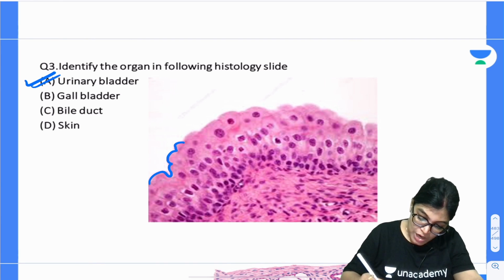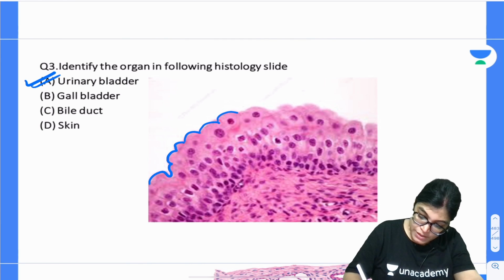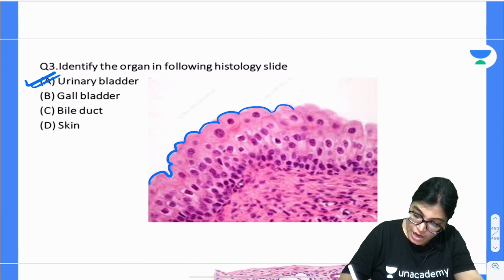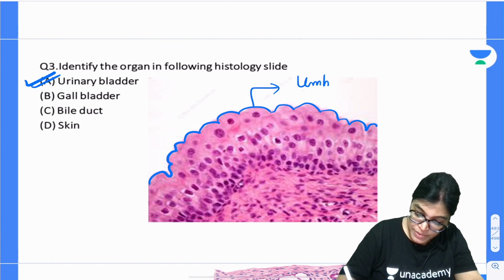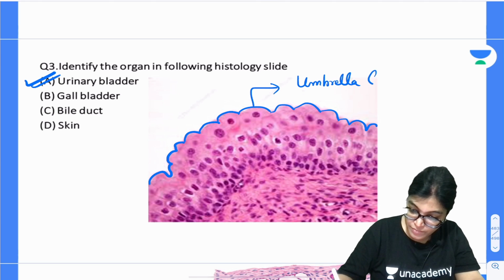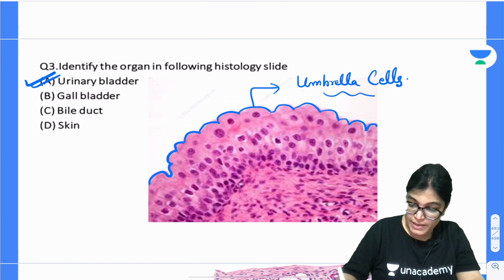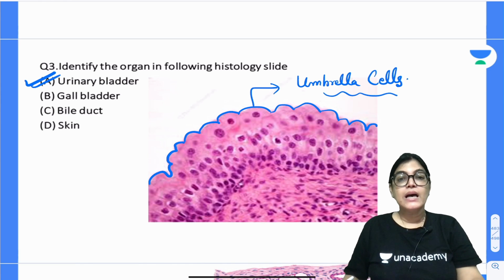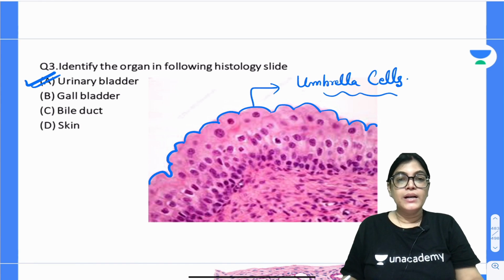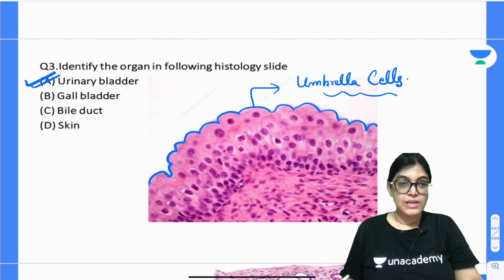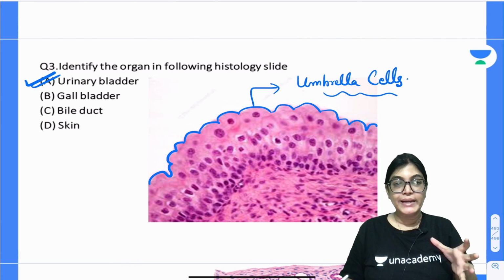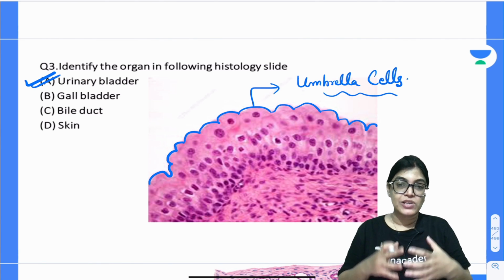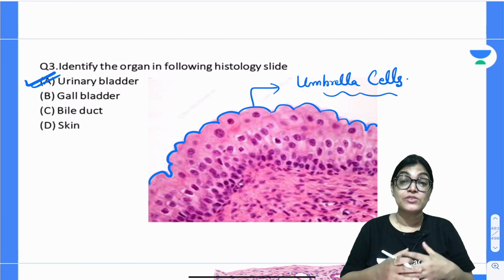So, my dear aspirants, how are you going? What you are seeing, I am highlighting. This is the outermost layer, and this outermost layer is the umbrella cells. Urinary bladder or ureter has urothelium, a transitional type of epithelium which has stretchability.